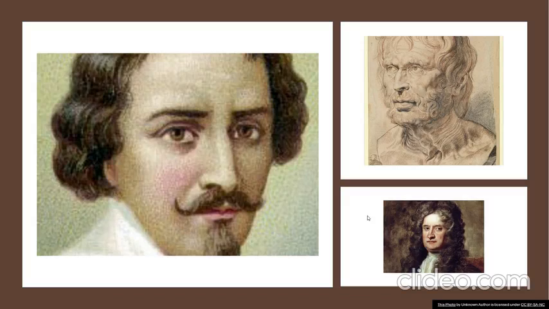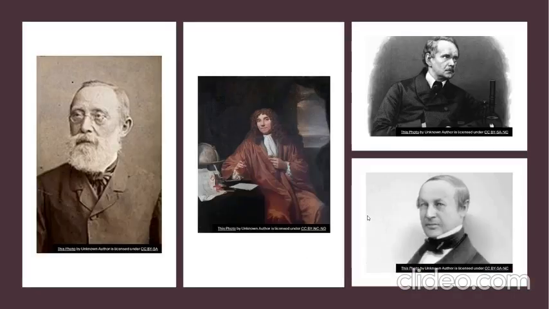Robert Hooke, designing a microscope made up of three lenses, magnified samples between 20 and 50 times their actual size. He observed a cell. Anton van Leeuwenhoek, designing a simple microscope with one lens, magnified objects 200 to 300 times their original size, and was the first to observe living cells.